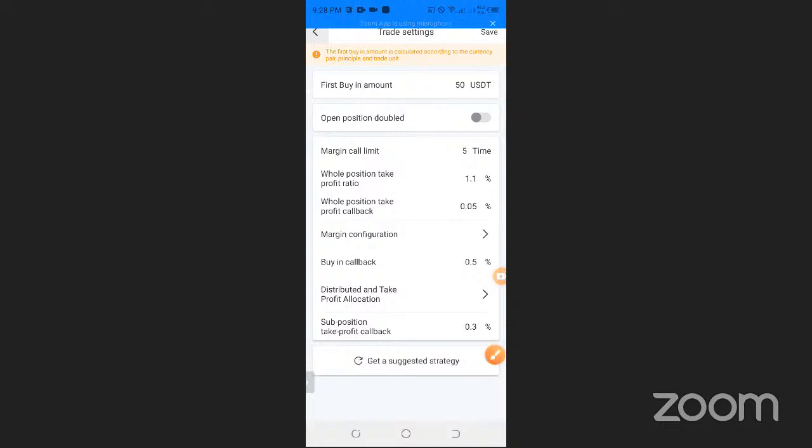So aside from that, the next thing you do is you set your margin call limit, meaning that if the price is going down, how many times do I want this robot to buy the coin for me? I selected 5 times. And the next thing you can also do is this whole position take profit ratio.